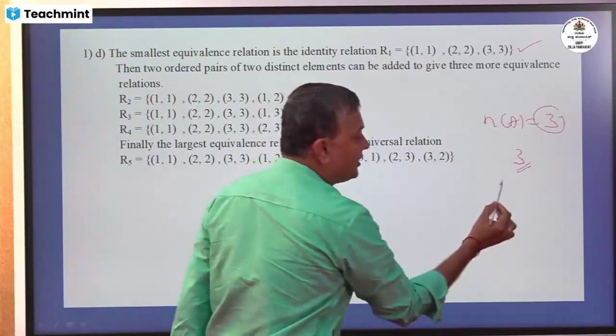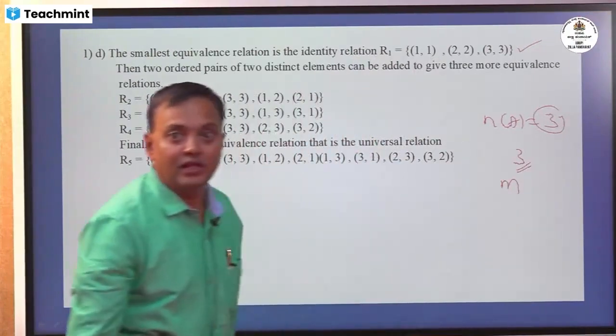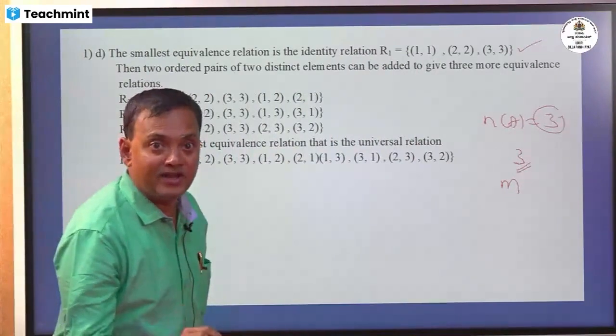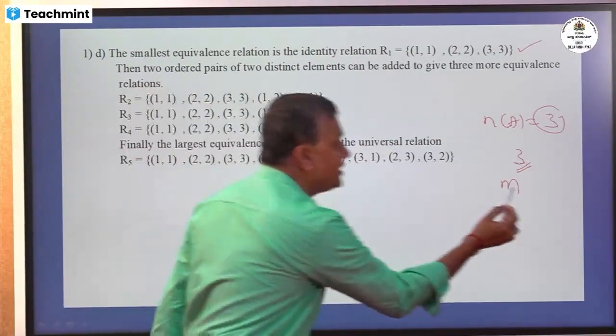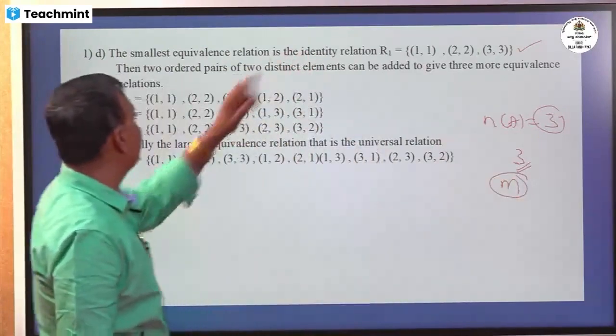If the set contains m elements, then the number of elements in the smallest equivalence relation is also m. So this is the first one.